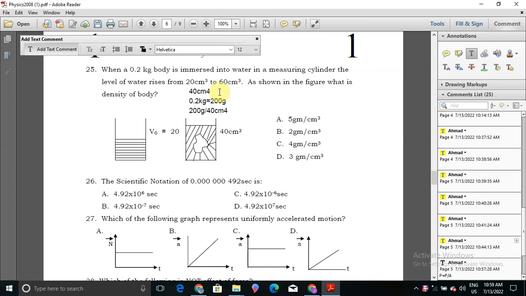After dividing them, the answer will be 5 gram over centimeter cube. So this is the correct answer for question number 25, which is choice A.